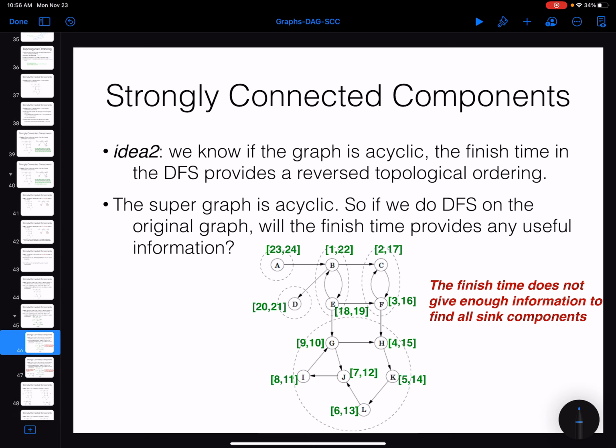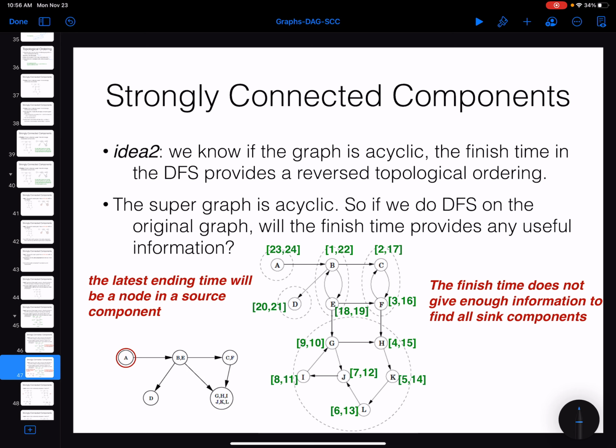But the finish time definitely tells me something: the largest finish time, it doesn't matter where you run the DFS, where you start the DFS, the largest finish time definitely is going to be a node from a source node, not a sink node, but a source node.